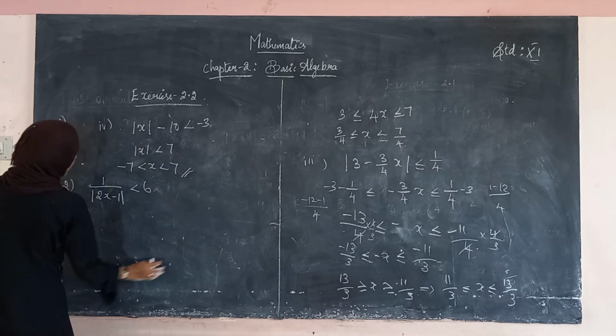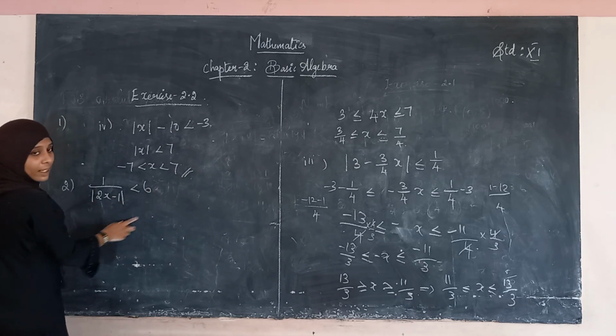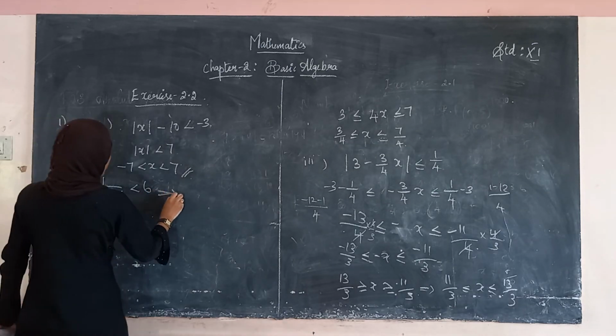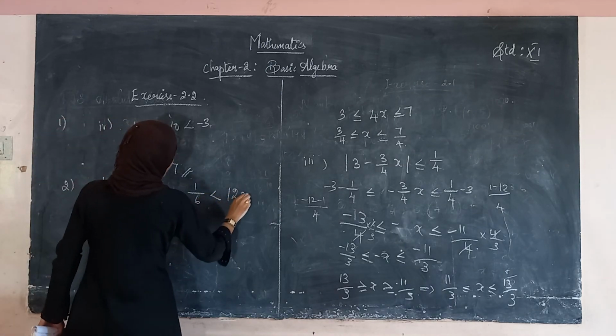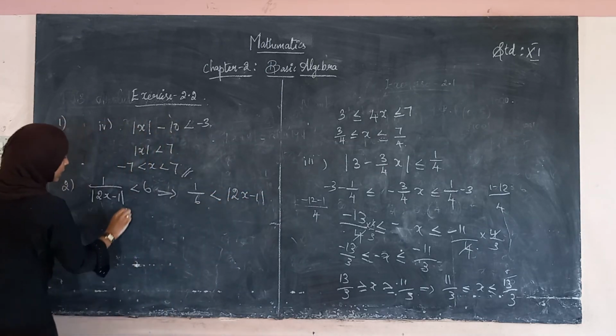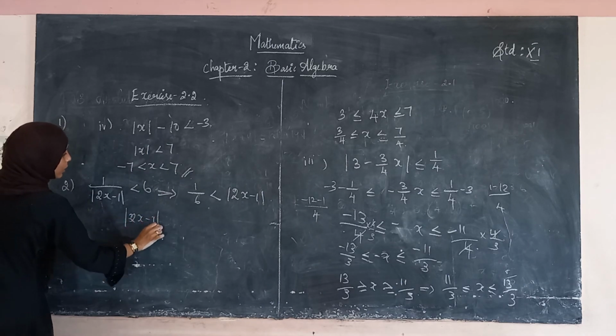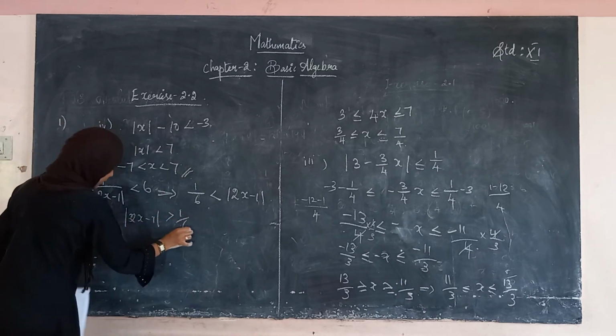So what can we do? We can take this modulus to the next side and the 6 to this side. What happens? 1 divided by 6 is less than modulus of 2x minus 1. That is, modulus of 2x minus 1 is greater than 1 by 6.